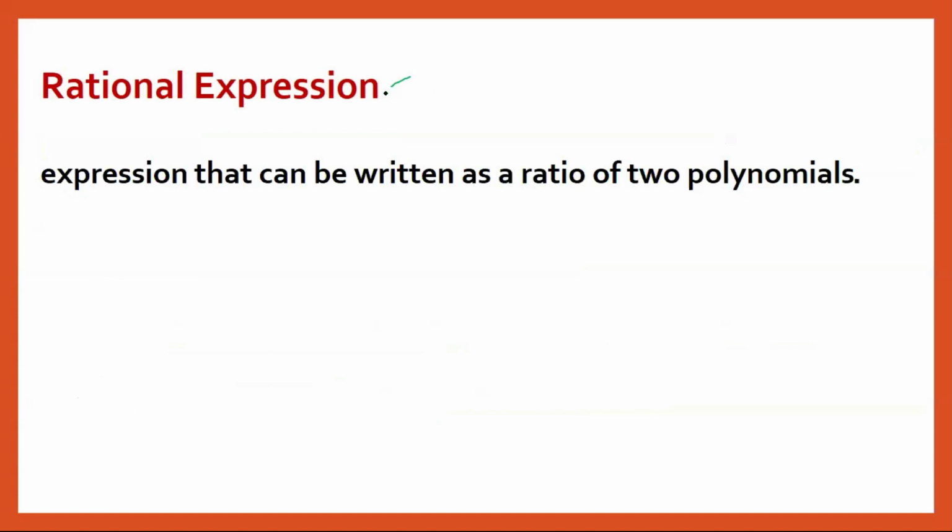It is a ratio of two polynomials. How do we describe polynomials? Polynomials are algebraic expressions that are created by combining numbers and variables. Some polynomials have specific names indicated by their prefix, like we have monomial.